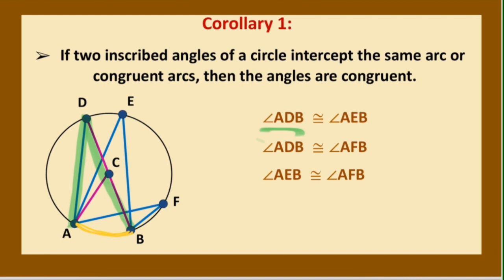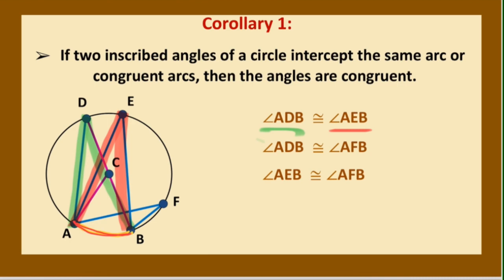Now, what does corollary 1 mean? I'll use a different color for AEB. Therefore, as you can notice, they still share the same arc. That's why they are congruent, because it's basically the same intercepted arc. And then there's another one here, guys.